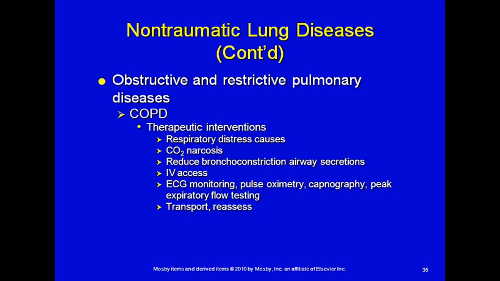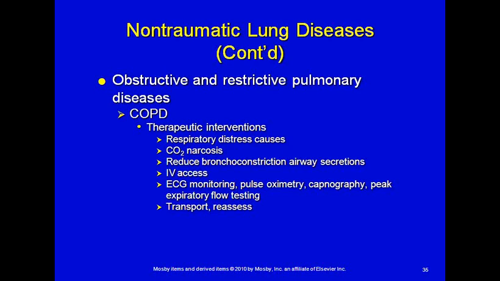If you have the ability to administer anything to help reduce bronchoconstriction and airway secretions, certainly breathing treatments, patients may benefit from some sort of bronchodilator. Gain IV access. Put all your monitors on: your ECG monitor, pulse oximetry, capnography. You can do some peak expiratory flow testing.